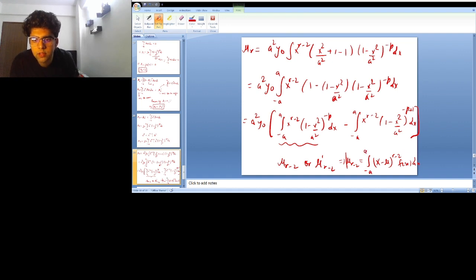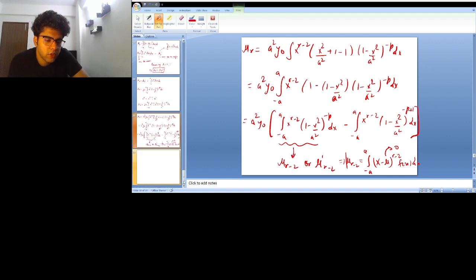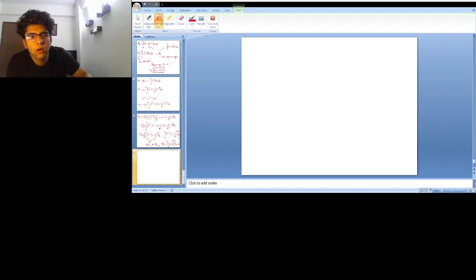This is the expression that we need to evaluate, and we know that my mu is 0, so basically this is my r minus 2th moment. So this gives me my rth moment as a square y naught times my r minus 2th moment.